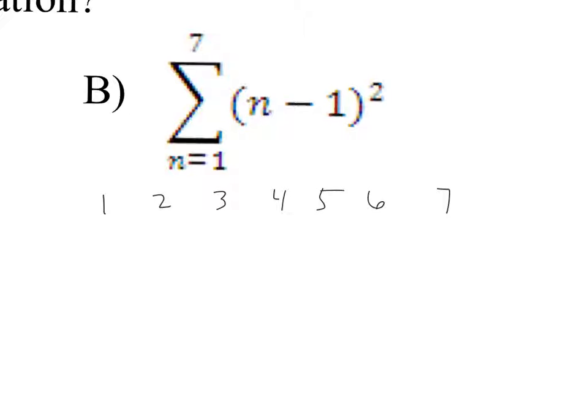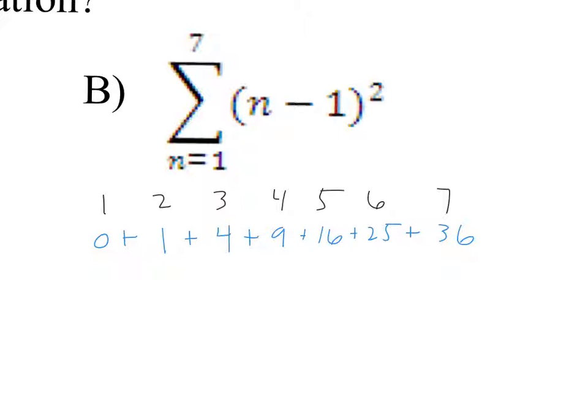If I plug 1 into my equation, I get 1 minus 1 is 0, squared is 0. If I plug 2 in, I get 1 squared, which is 1. Plug 3 in, 3 minus 1 is 2, 2 squared is 4. Does anybody see the pattern here? Plug 4 in, I get 9. Then 16, 25. If I plug 7 in, I get 36.